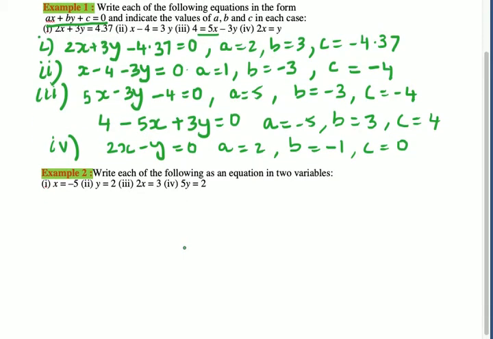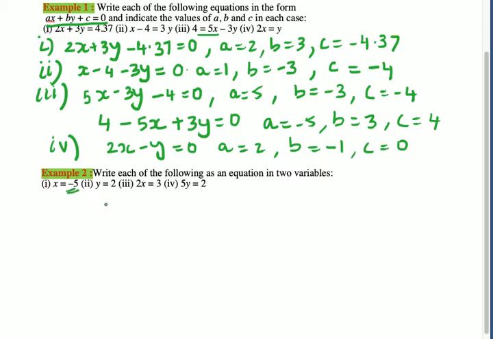So here we have some equations, and we are going to solve them. Write each of the following as an equation in two variables. We have been given two variables, but here we don't have y. We don't have the component y.